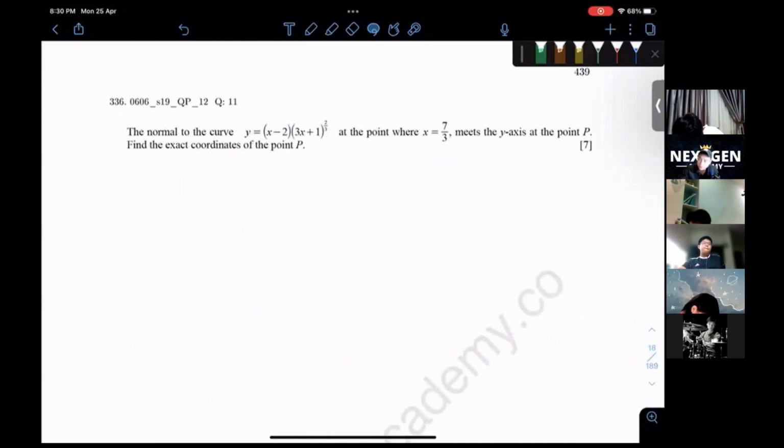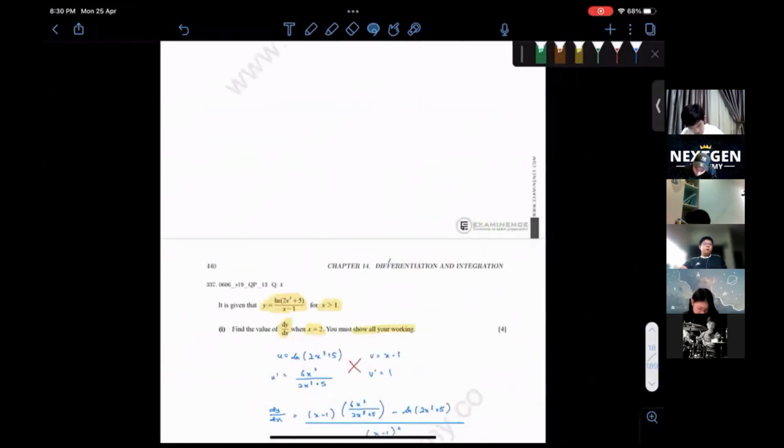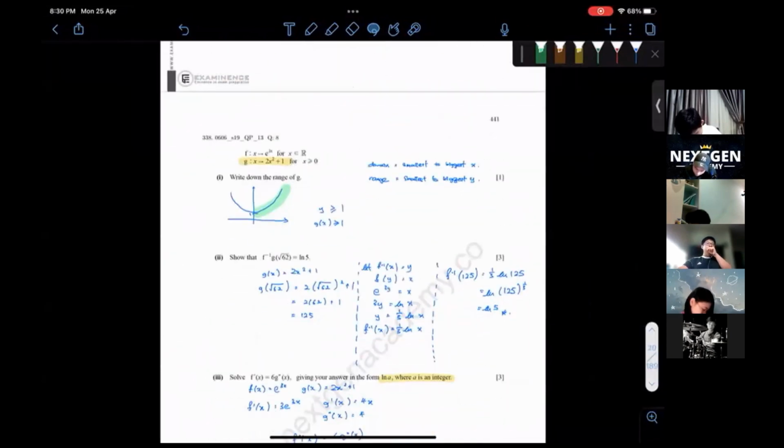Normal to the curve. Okay, let's see. 2, 3, 6. Do we want to do this?